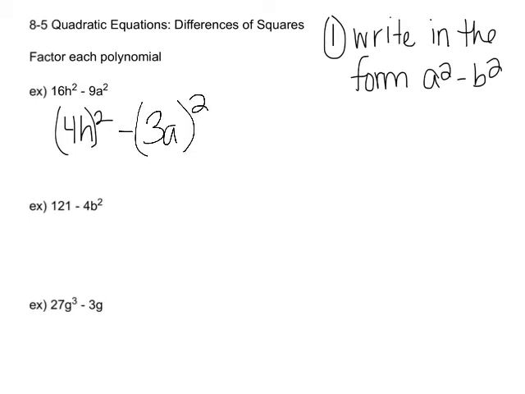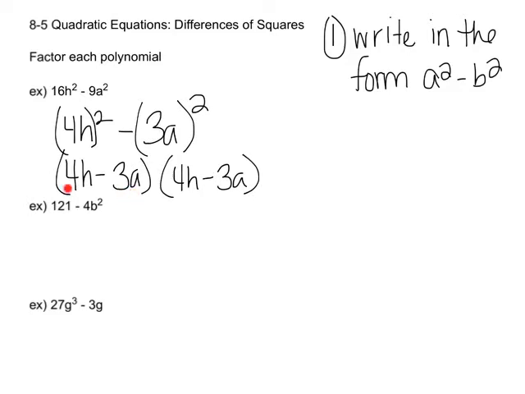And then I'm going to find my differences of those squares. So basically, because both of them are squared, I can write that this is 4h minus 3a times 4h minus 3a. And so I still have multiplied two 4h's and two negative 3a's.